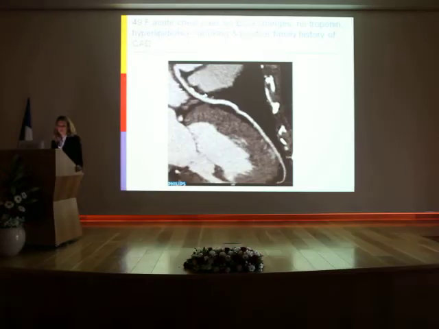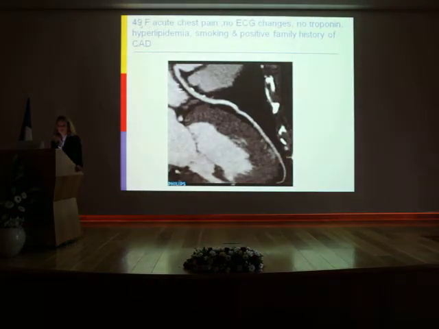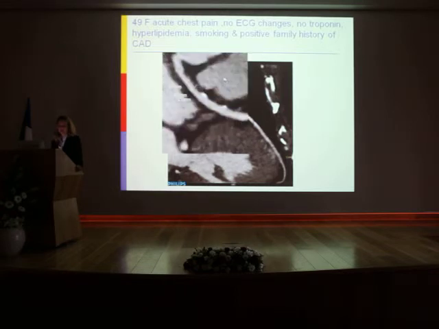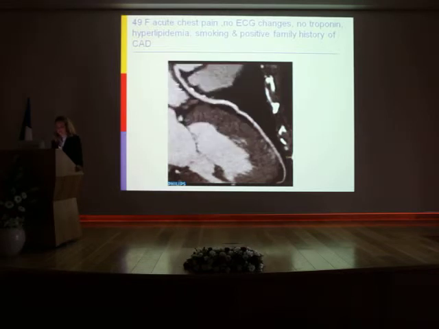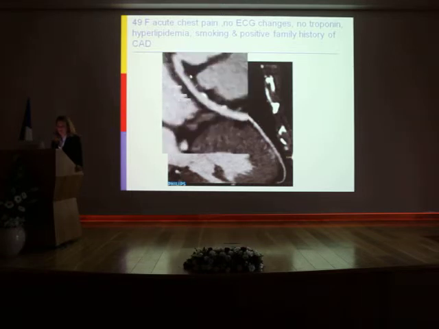Well, another patient, even younger, with some risk factors, presenting with the same presentation, you see that her LAD is quite patent. However, we can see that she has this low attenuation, positive remodeling plaque, and this is very significant for her future to get secondary prevention therapy.